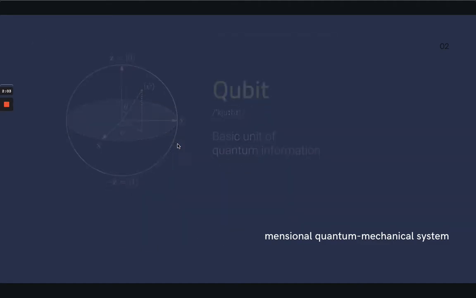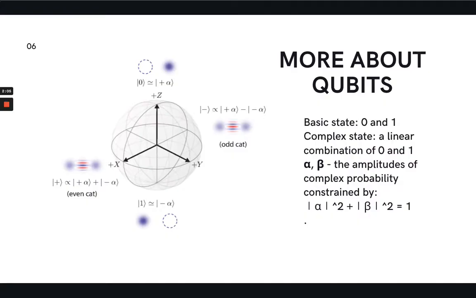The two basic states of a qubit or vector are 0 and 1, and as matrices they're represented by [0, 1] and [1, 0], the two elementary bases of R2 space.